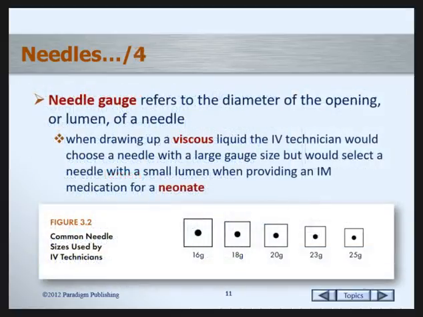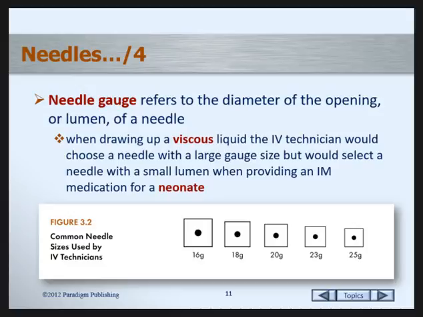For measuring needles, there's two parts. The first part is the gauge. The gauge refers to the diameter of the opening, or the diameter of the lumen, or as I said, the size of the bore. When liquid is drawn up, it will go through the opening.